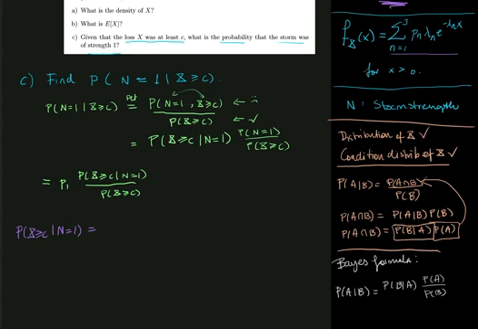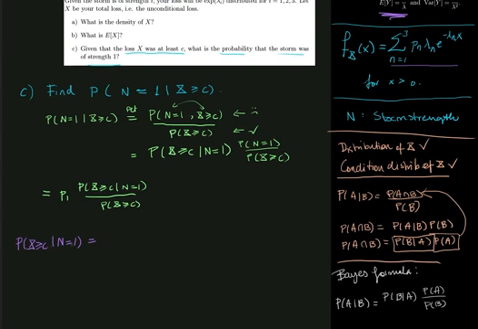Okay, so what we know is that given n equals 1, x is exponentially distributed with parameter lambda 1. Let me write that here. So given n equals 1, x is exponentially distributed with parameter lambda 1.